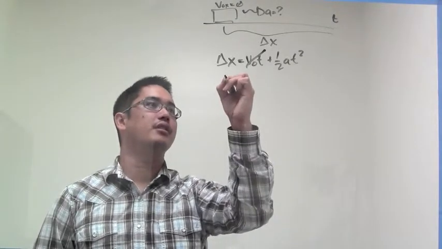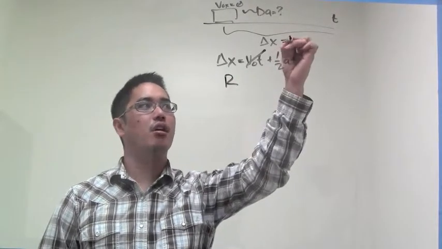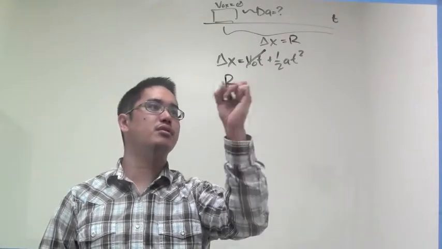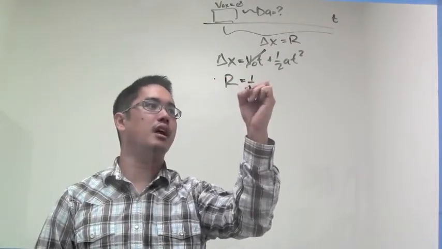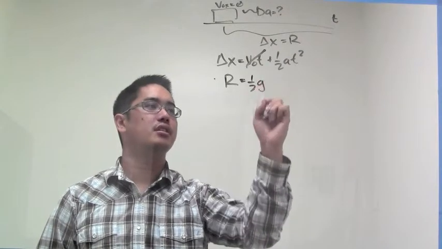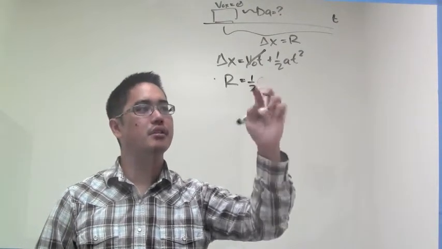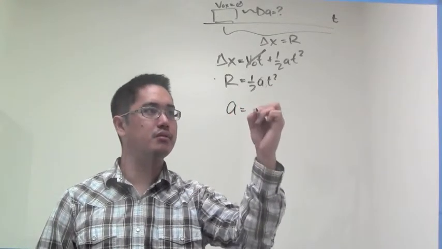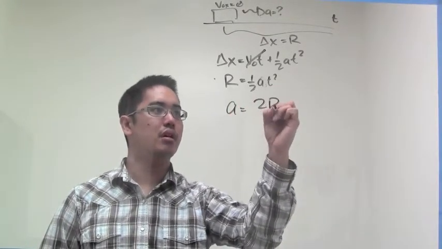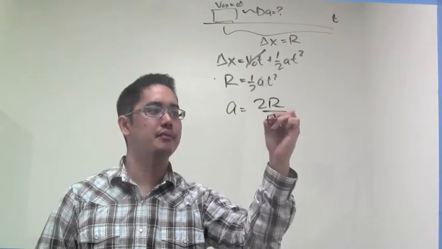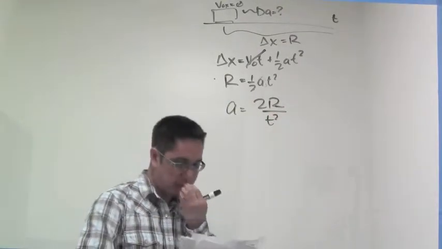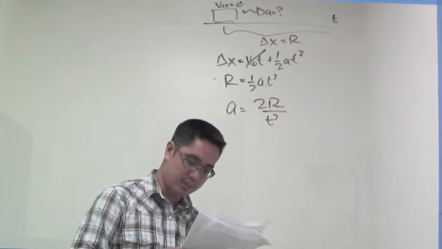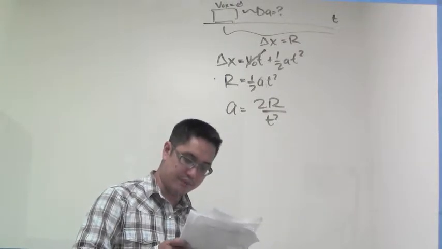I'm going to change that delta x to r, the range or the distance, is equal to 1 half a t squared. So my acceleration is equal to 2r over t squared.